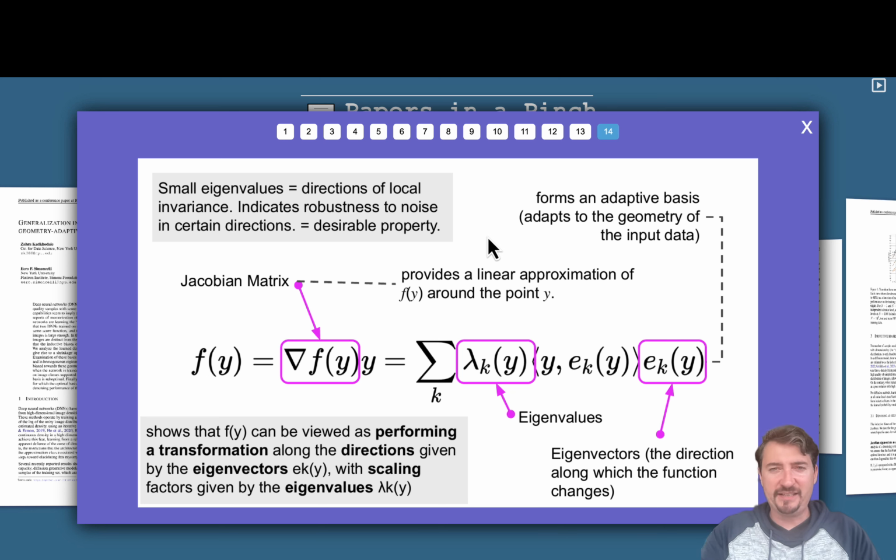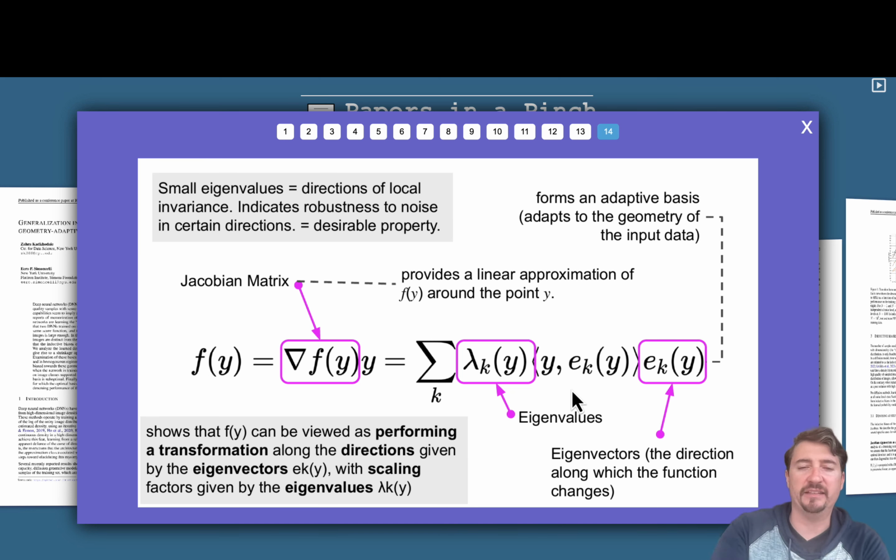So that's the basis, that set of functions. If it's an adaptive basis, it seems to be obviously not too static. It seems to adapt to the changing input. In this case, they're going to say that it adapts to the geometry of the input data. And they're going to show evidence for that, okay? Small eigenvalues mean the directions of local invariance, indicating robustness to noise in certain directions. That's a desirable property. So that's something the authors find, these small eigenvalues. It's desirable to have.